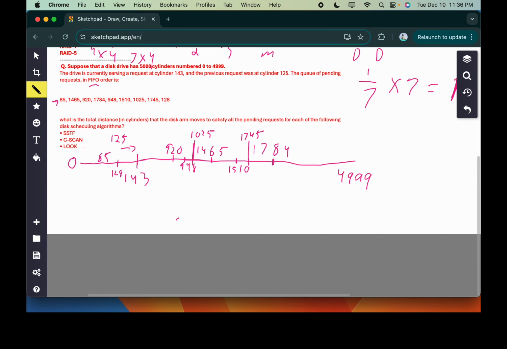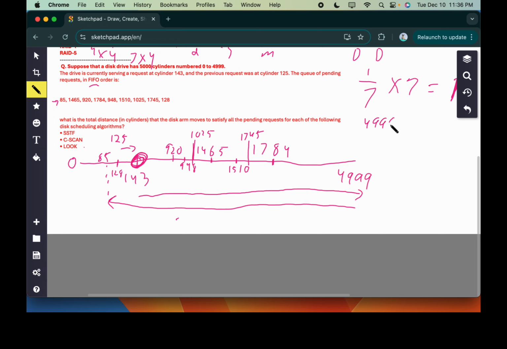So for regular scan, we know we're going to the right, and we're starting out at 143. We're going to handle all of these till the end. There's a lot of wasted space. Then we're going to go all the way this way till we get to the smallest value at 85, which is when we stop.